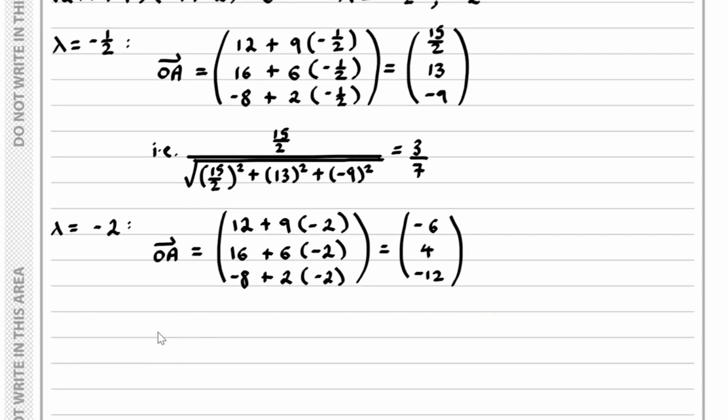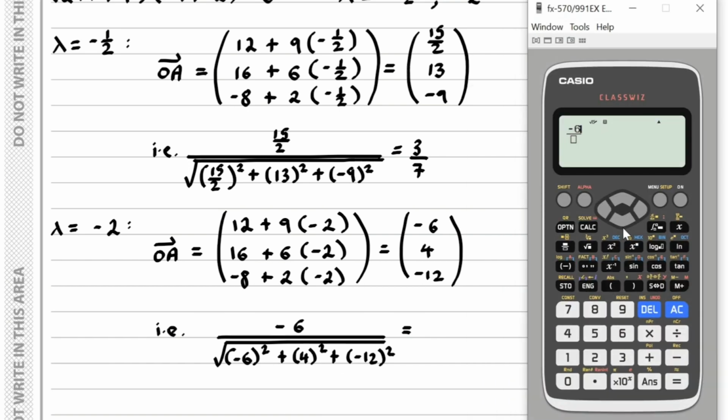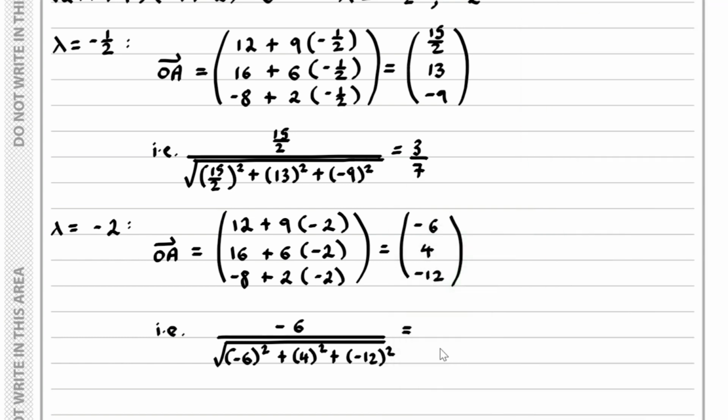And now if we find the direction cosine, we've got minus 6 divided by the square root of minus 6 squared plus 4 squared plus minus 12 squared. If I work out what this is, I've got minus 6 over square root of 6 squared plus 4 squared plus 12 squared. So here I get minus 3/7.